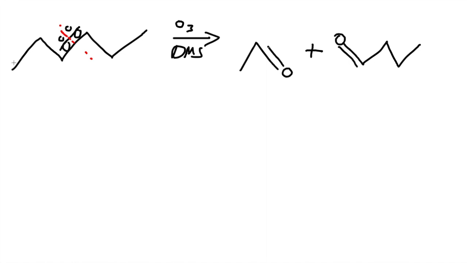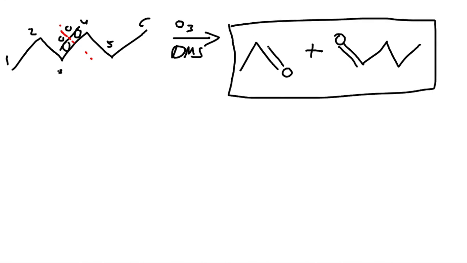Make sure you have enough carbons. We have 1, 2, 3, 4, 5, and 6 carbons. So make sure you have the correct amount of carbon. And this is our final answer for this problem.